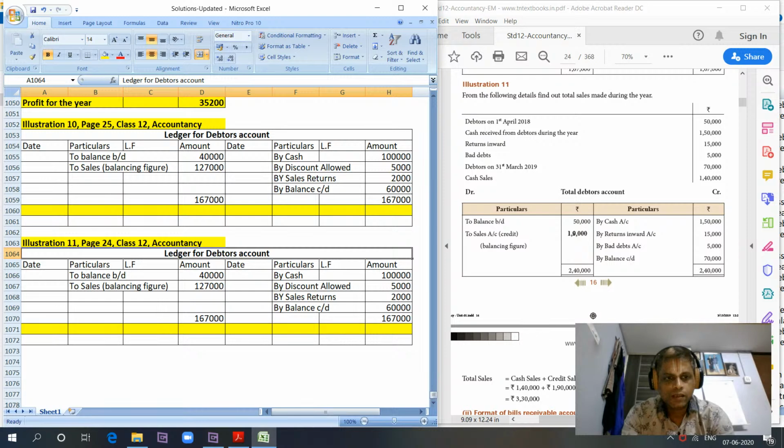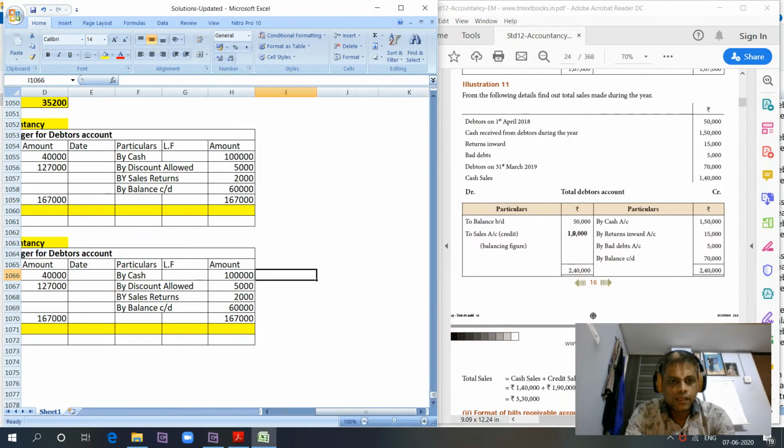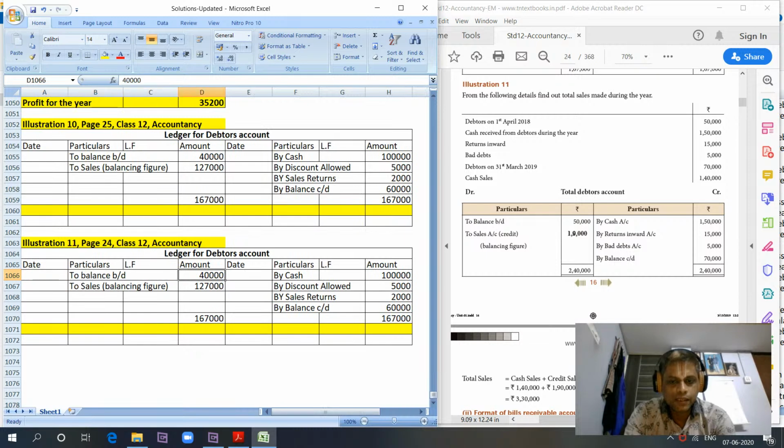For us to calculate the total sales, we have to identify the credit sales and the cash sales. Cash sales is given in the question, so we have to identify the credit sales. Debtors as on 1st April 2018 is 50,000, the beginning balance. We have cash received from debtors during the year 1,50,000.